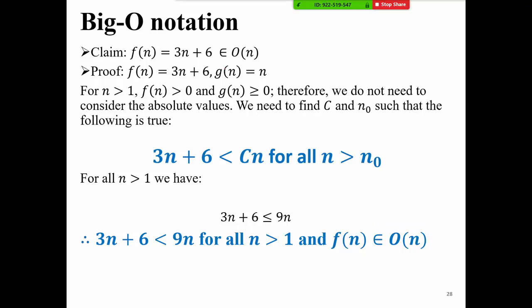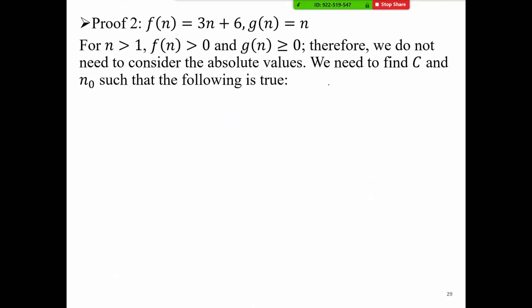Here you prove that 3n plus 6, which is the function that contains the running time, is actually a member of O of n. And we can say that this is a member inside the linear time complexity O of n.